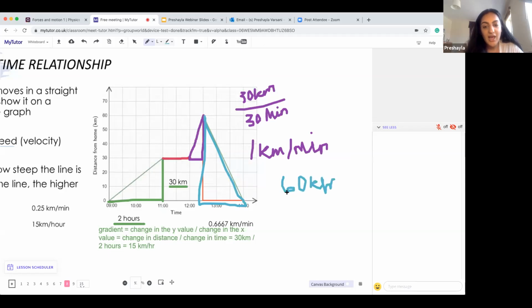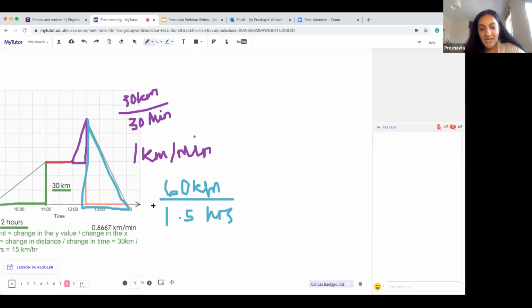And the change in x is 1.5 hours, sorry. So the change in y is 60 kilometers and the change in x is 1.5 hours. So again, we divide our values. We do 60 divided by 1.5 and kilometers divided by hours.